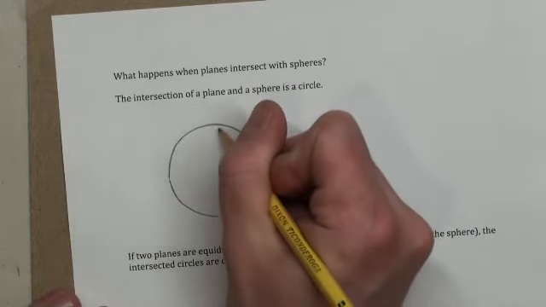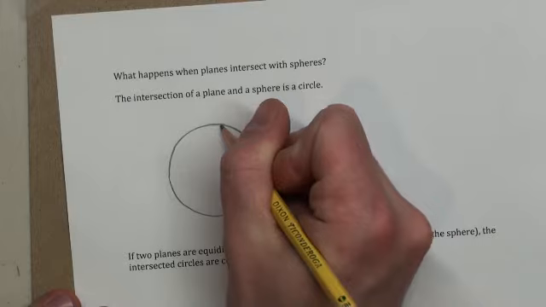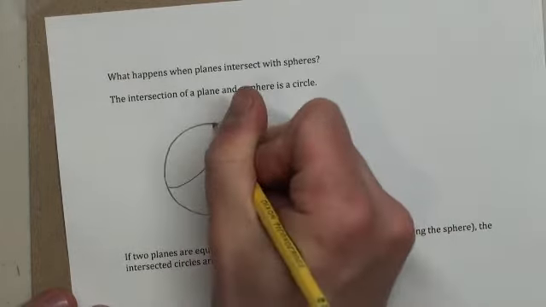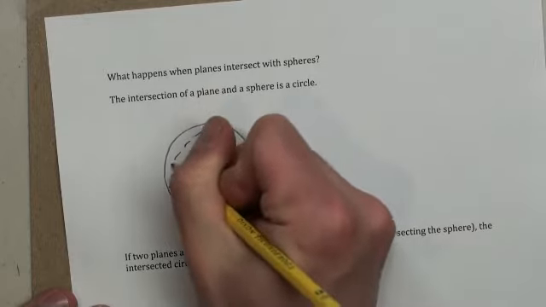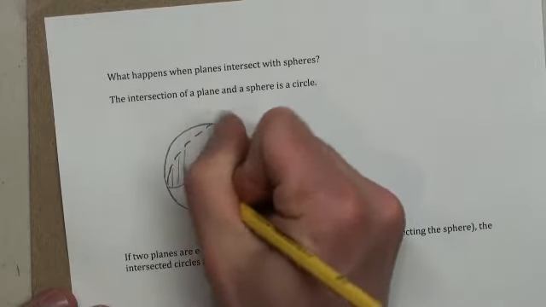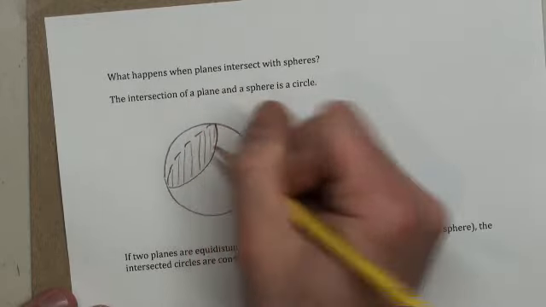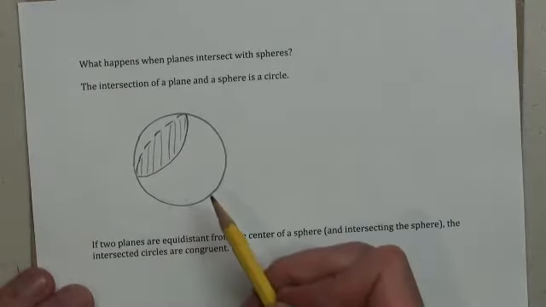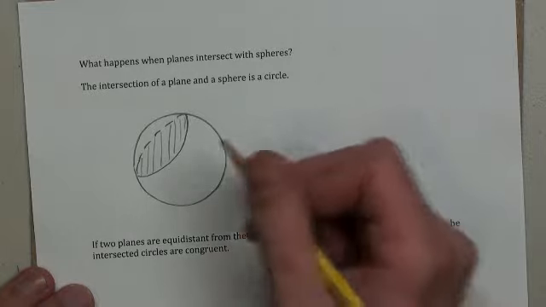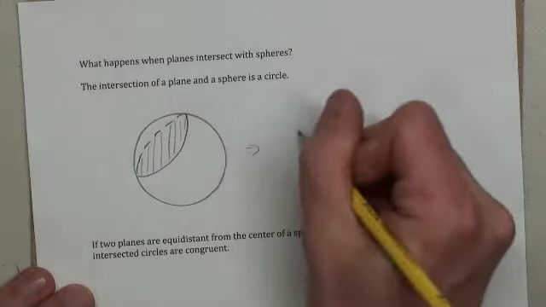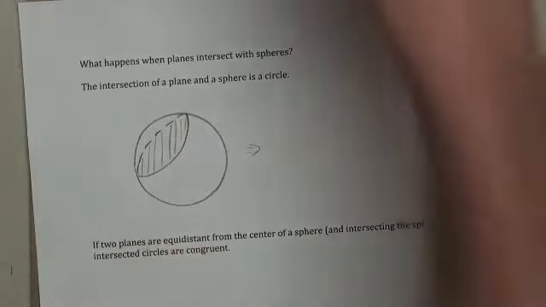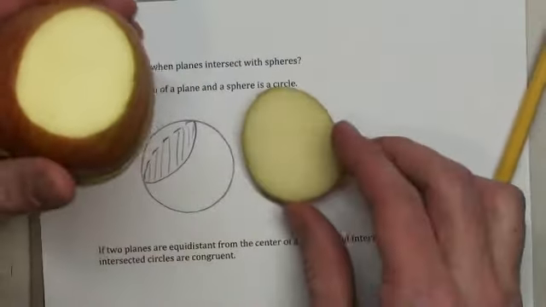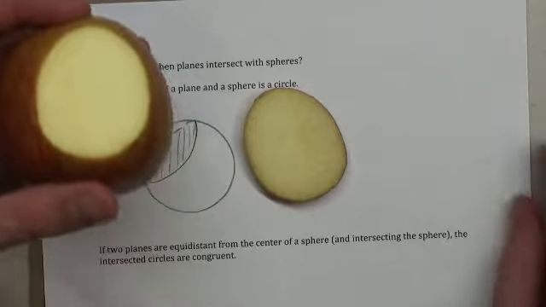So let's say we took our knife and we cut that piece off of a sphere, right? What you would have is this small chunk. You would have this small chunk, right? That would be that piece over there, which is a circle.